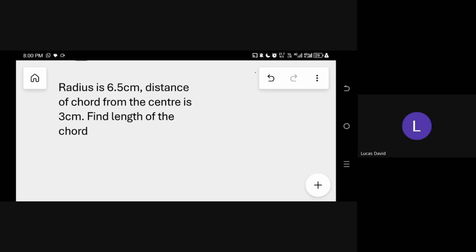Find the length of the chord. So look at this question now, Lucas, it is yours. The radius is 6.5 centimeters. The distance of the chord from the center is 3 centimeters. Find the length of the chord. Just write out the information: radius equals 6.5, distance of chord from the center 3, find the length of the chord. So can I leave this part, Lucas? Yeah. All right.